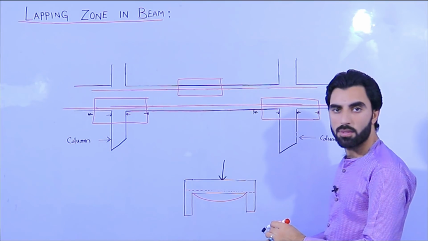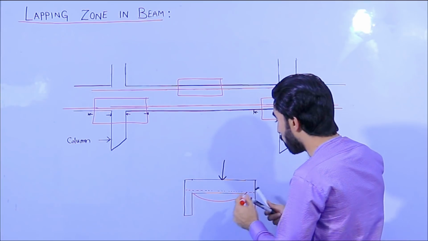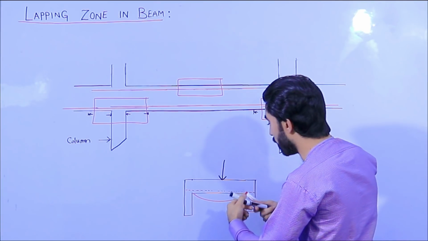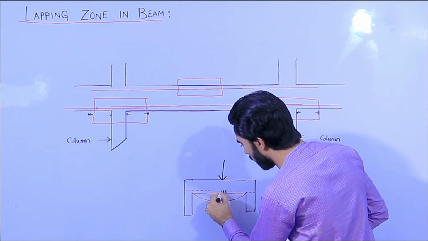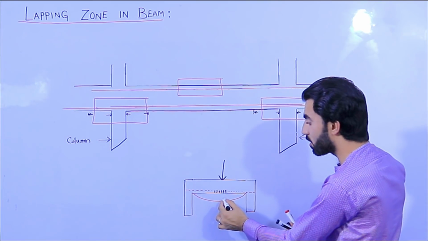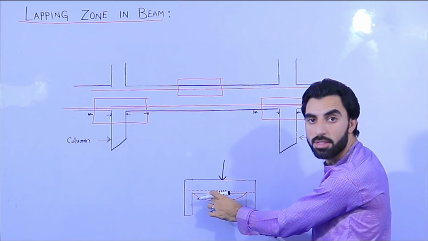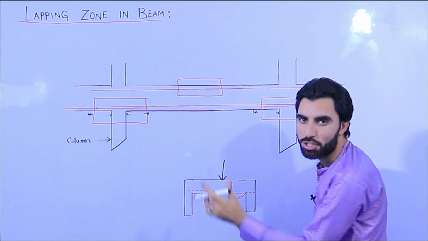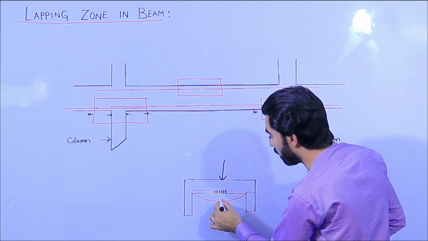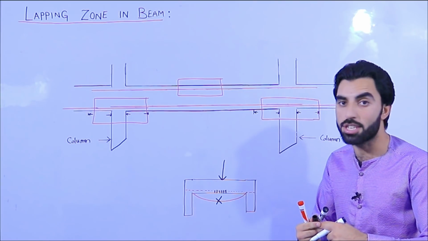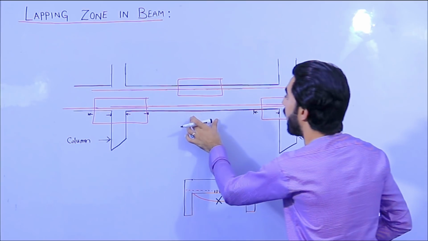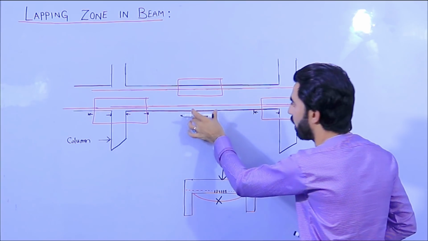So guys, if we provide a lapping zone here at the mid, at this point, it means the beam will fail after some time, because this is not the place to provide lapping length. This is not a lapping zone. You can see, I didn't mention it at the bottom bar.